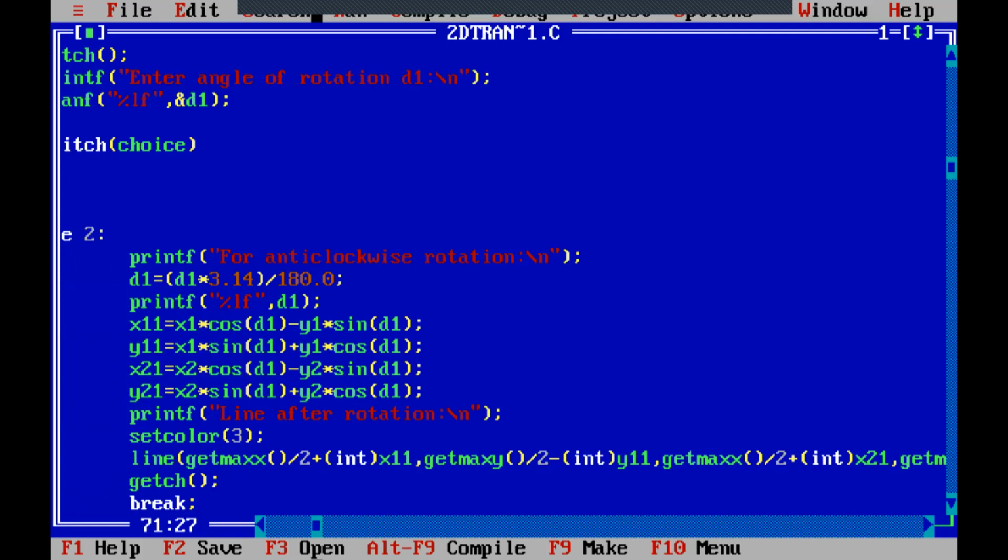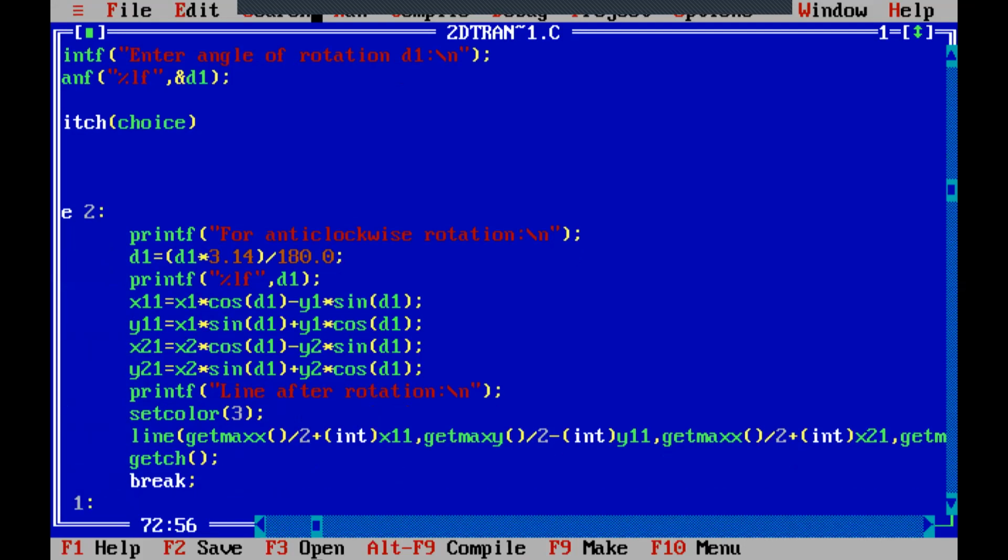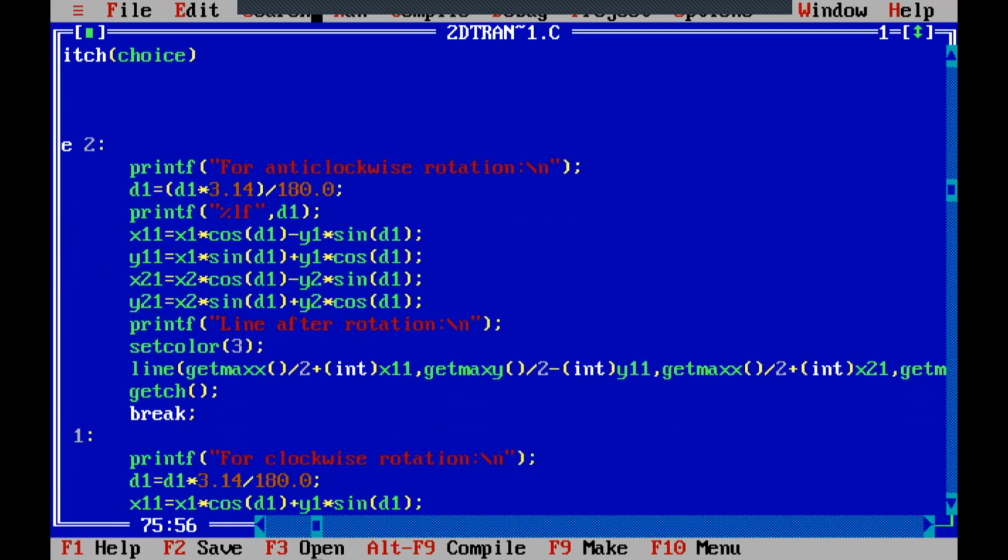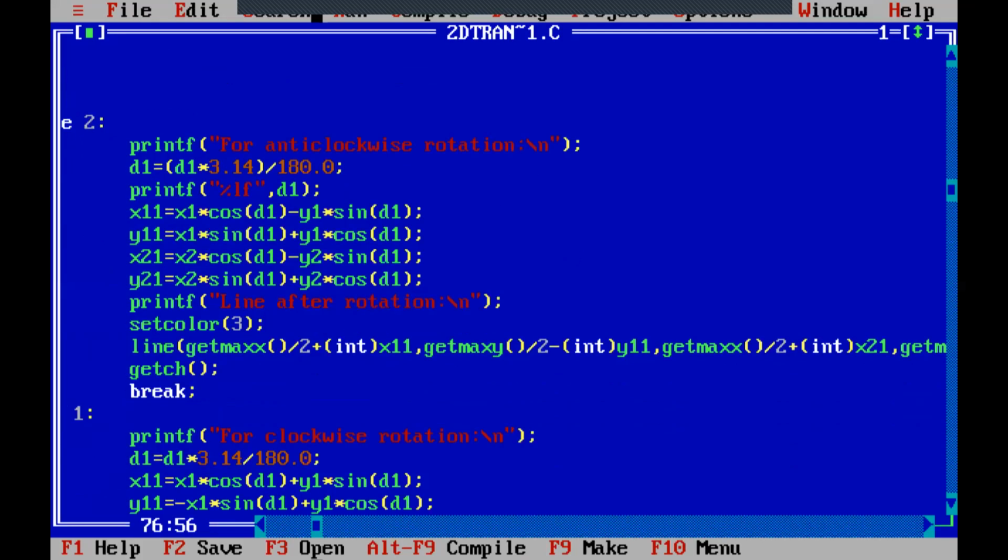So maybe due to this type conversion, some fractional part is getting missed. That's why some distortion you are observing in the line. But otherwise, we are getting the output in the proper way. So this is your choice number 1. We will have the anti-clockwise rotation. And here it is clockwise.